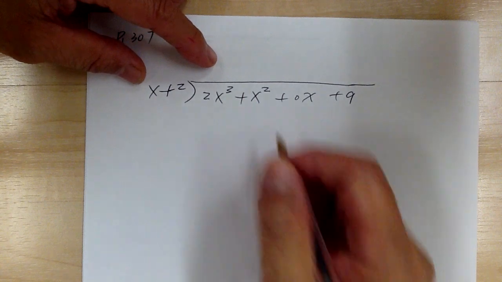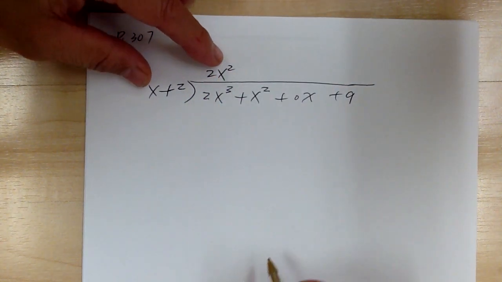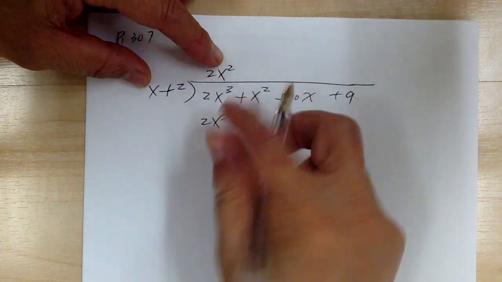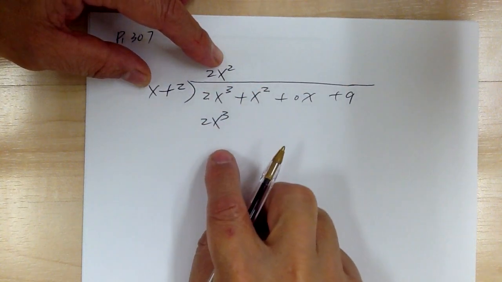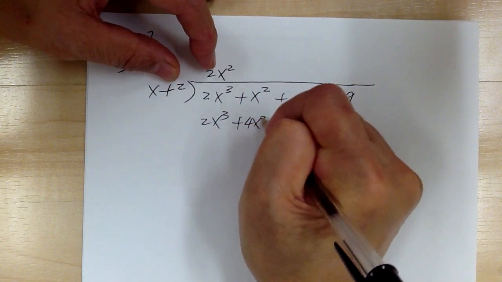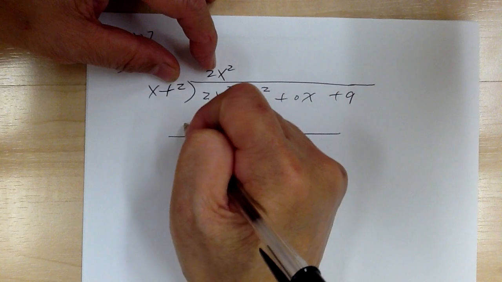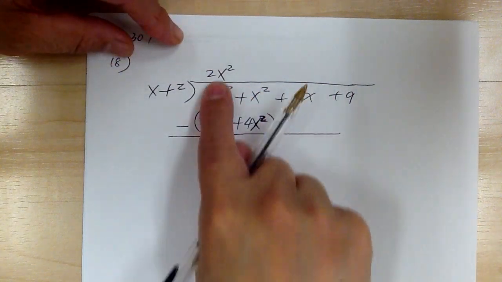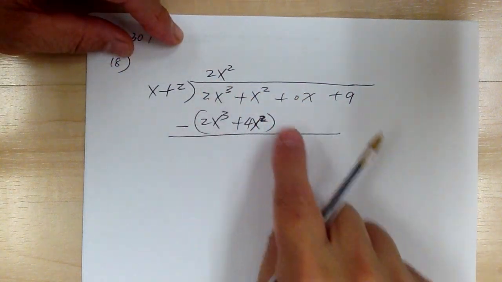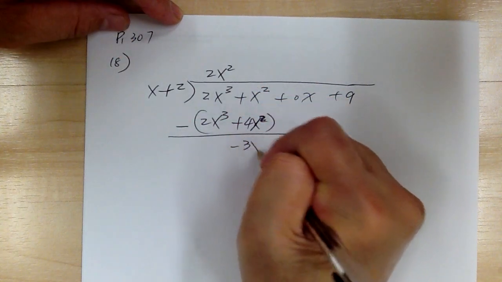So the first one, you need to get 2x squared. So when you multiply, you get 2x cubed. You always want to match up the first term in each line. And you multiply, so you get plus 4x squared. So put in parentheses, subtract. Again, the first term always gets canceled out. So you got 1 minus 4 will give you minus 3.